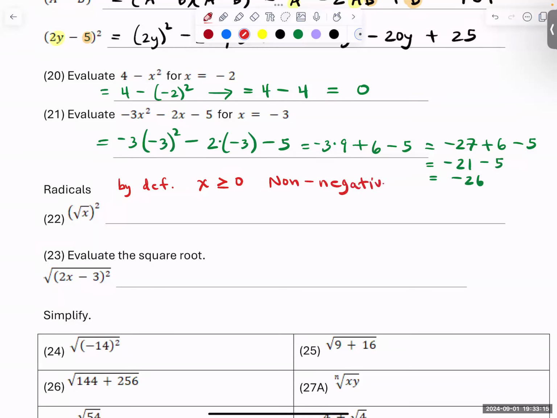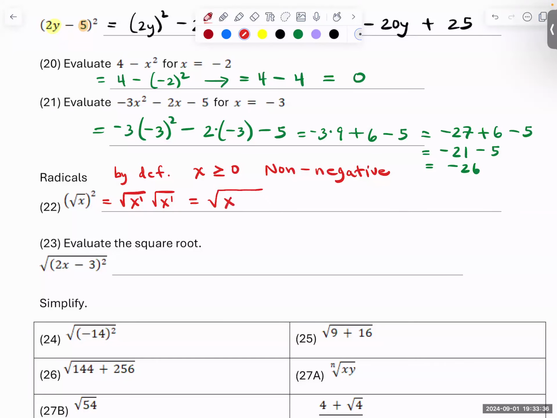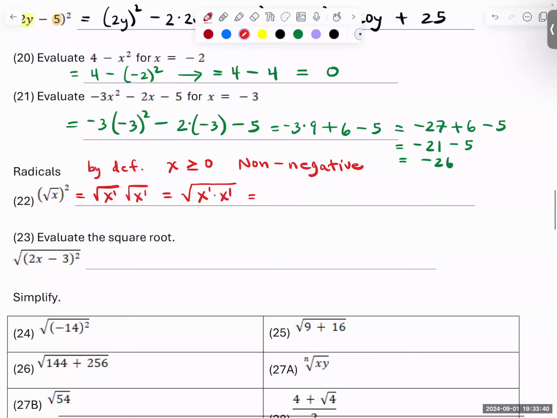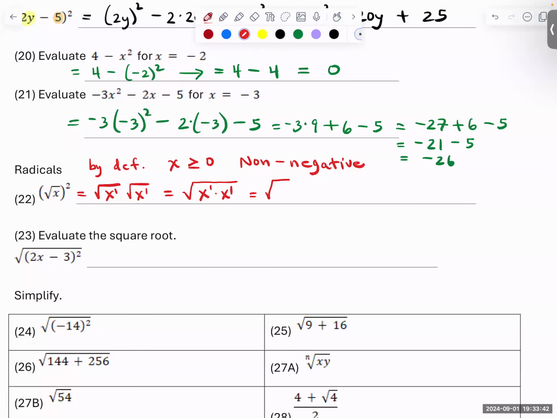So to square means to multiply the radical expression by itself. Square root of x times square root of x, which equals the principal square root of x times x. So now we add the exponents, and get the square root of x squared.